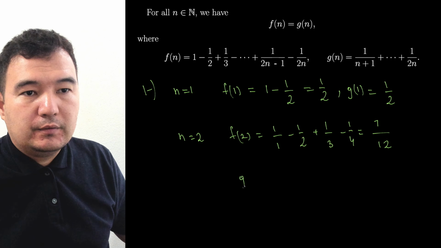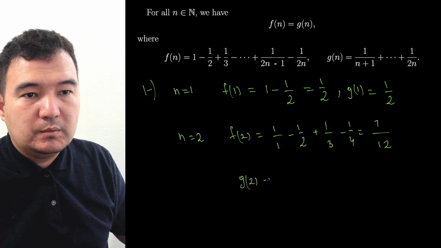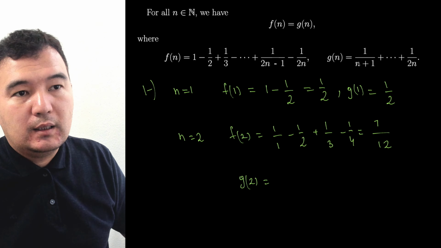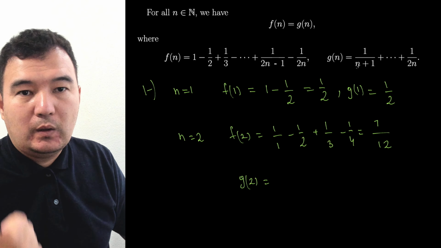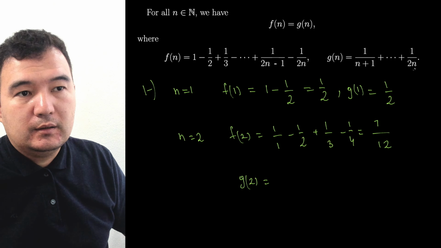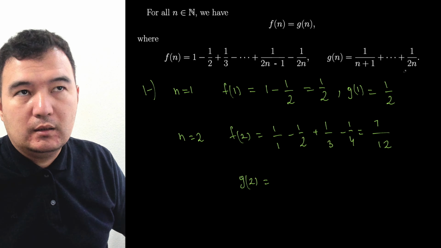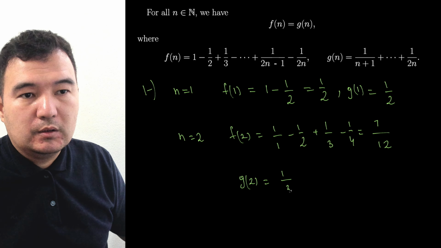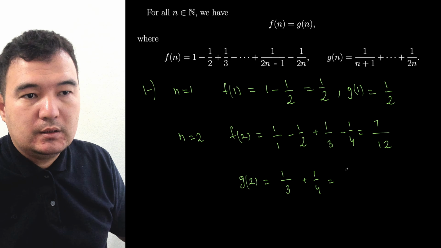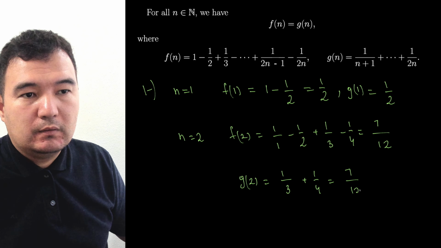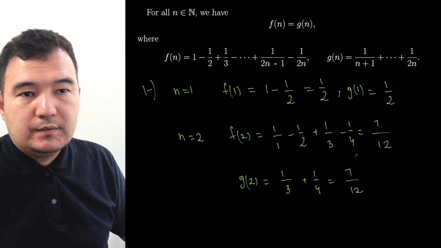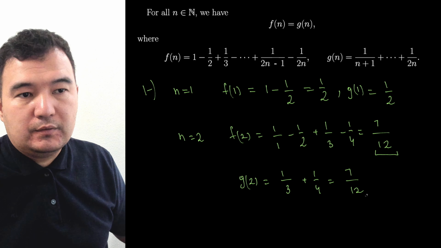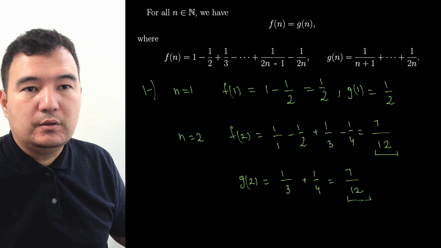And g of 2 in a similar way: n is 2, so we would start with 3, and we would end with 2 times 2, which is 4. So g of 2 is going to be 1 over 3 plus 1 over 4, which is 7 over 12. Which gives us f2 is equal to g2.